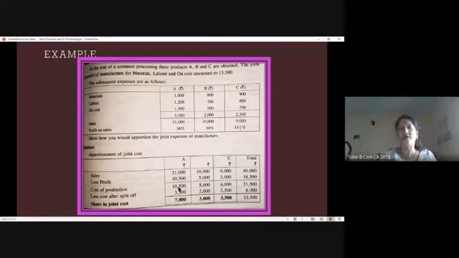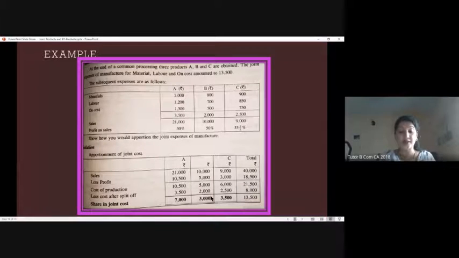From that, we reduce all other costs to find out the joint cost, the share in the joint cost of each joint product. That's how we did it in this format. And instead of going with any ratio-based apportionment, here we directly arrived at the share of each joint product in the joint cost.